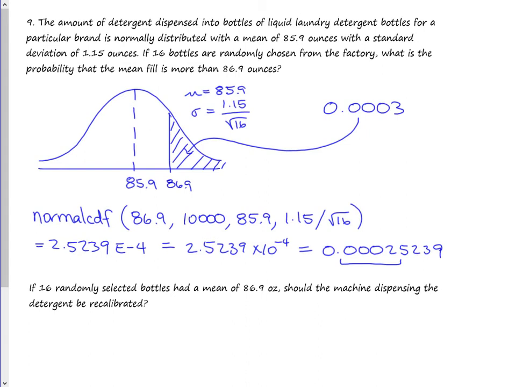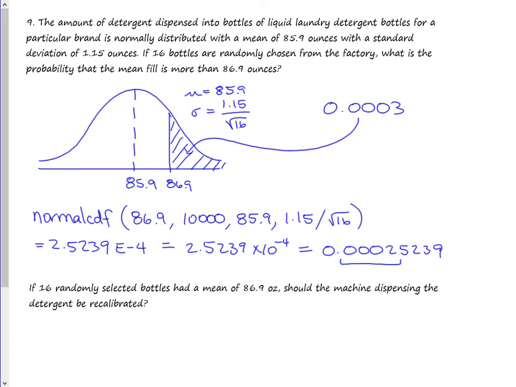So if we're on the production line and we found 16 bottles chosen randomly, and the mean of those bottles is 86.9, that shouldn't really happen. There's a far smaller chance than a 1% chance that this should occur. So there's probably something wrong with the machine.